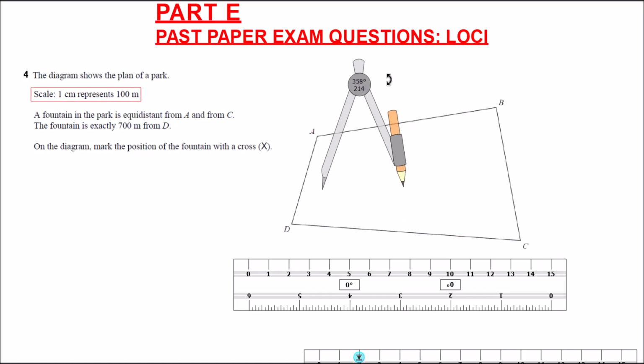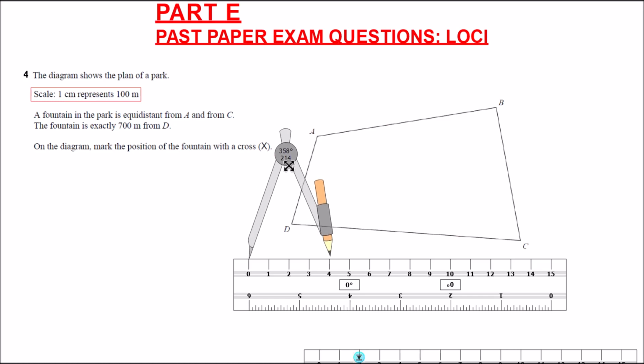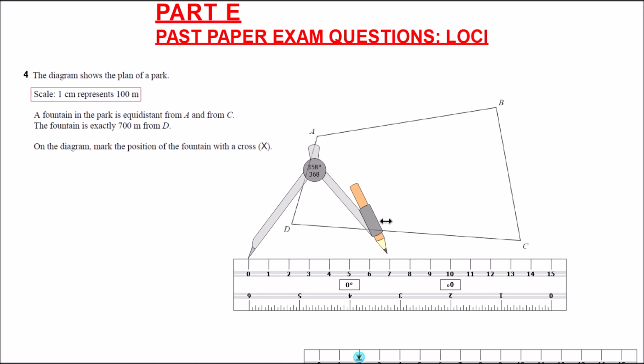So 700 metres, using this scale here, if 1 centimetre is 100 metres, then we'll need 7 centimetres to represent 700 metres. So we're going to set our compass to a width of 7. In fact, I'll just write that in for you so it's a bit clearer. If 1 centimetre is 100, then that implies that 7 centimetres represents 700.